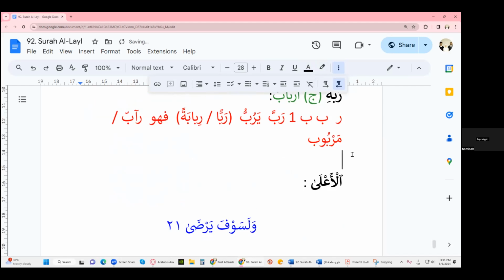Practice. Okay, inshallah. So Rabbihi, what is Rabbihi here? Rabbi is mudaf and the ha is the mudaf ilaih to Wajhi. Yes, Wajhi. And the ha is also mudaf ilaih to Rabbi.